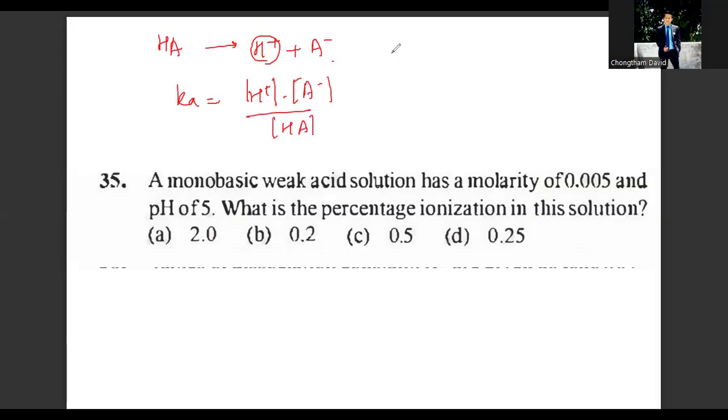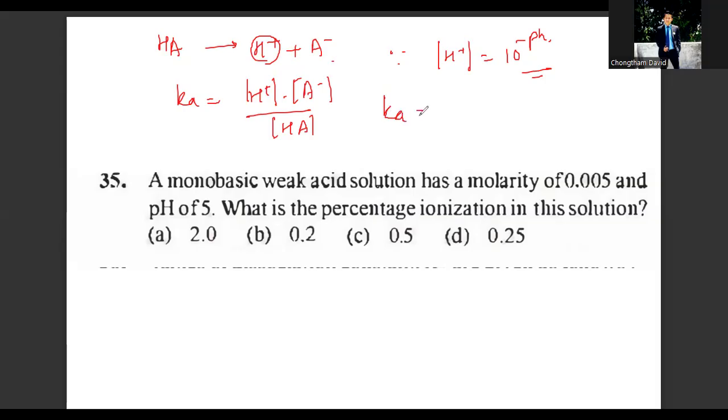Since this is the hydrogen ion, we can refer to the Sorensen definition that pH is defined as the negative logarithm of the hydrogen ion concentration. Hydrogen ion can now be written as 10 to the power of negative pH. In this way you can correlate with one another. Here hydrogen ion concentration is given as 10 to the power minus 5, and at equilibrium hydrogen ion and A minus are equal.